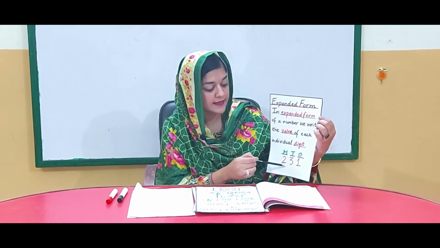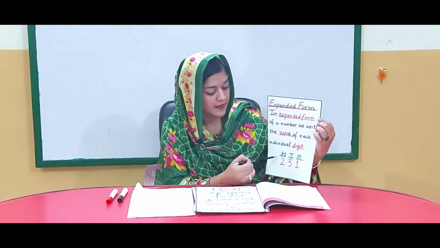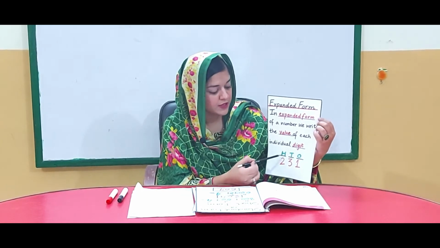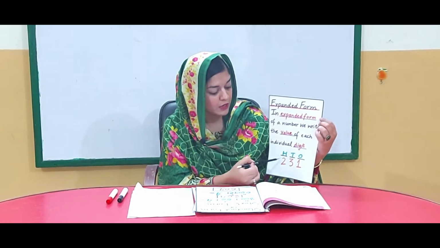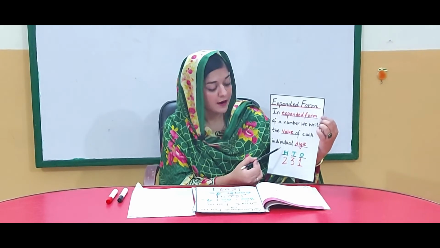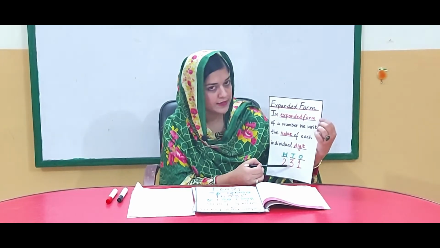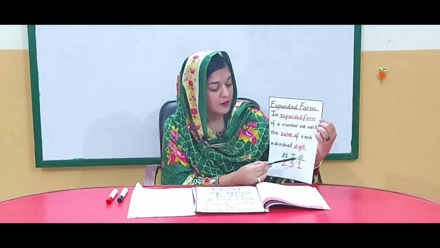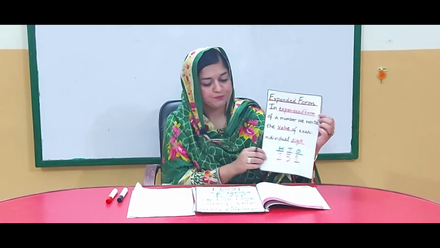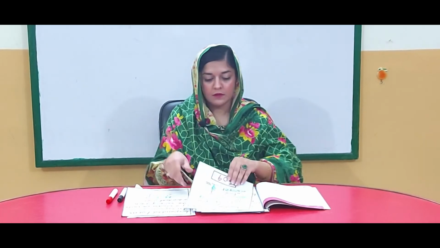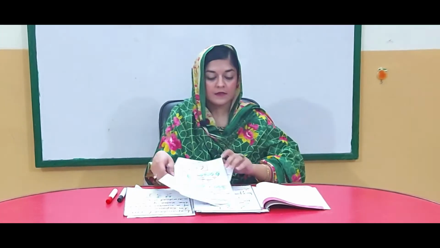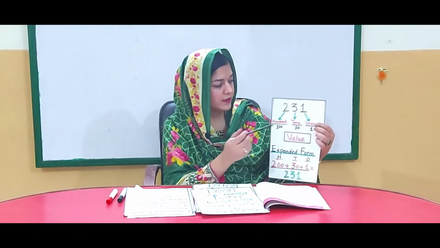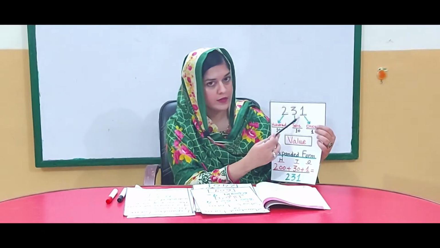This is each individual digit, not the whole number, the individual digit. It is 2, it is 3, it is 1. The 2 is standing on the hundreds place, the 3 is standing on the tens place, and 1 is standing on the ones place. Clear? So let's get started with the examples. It is 231.